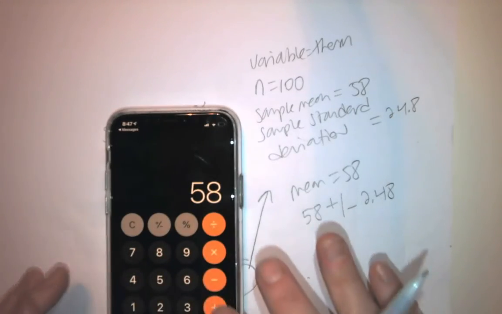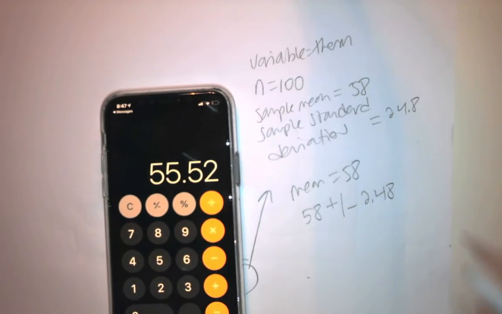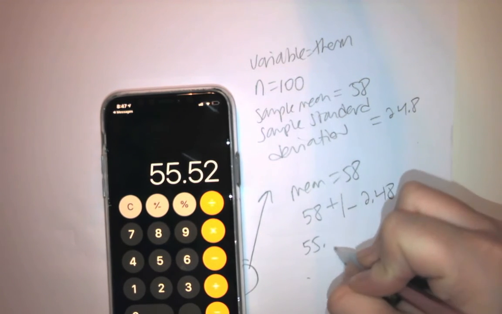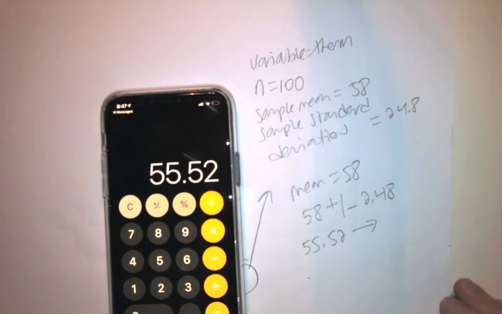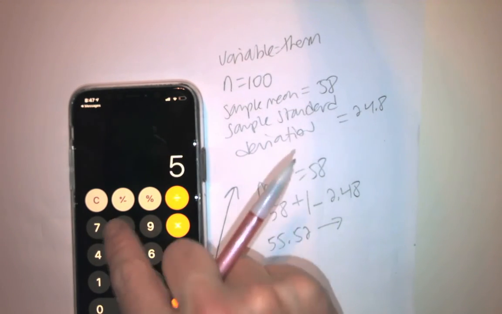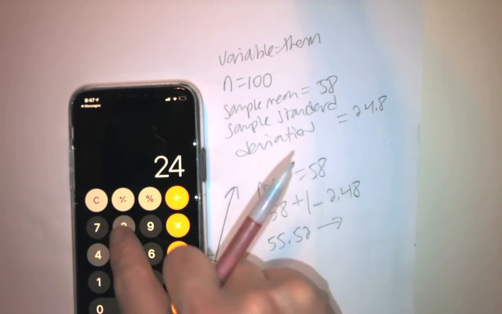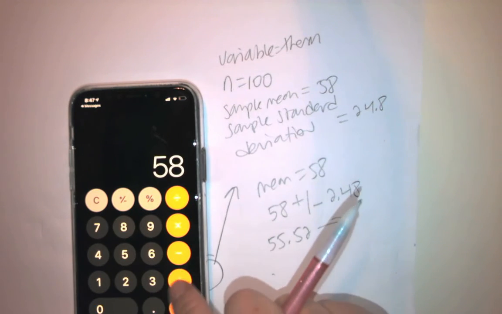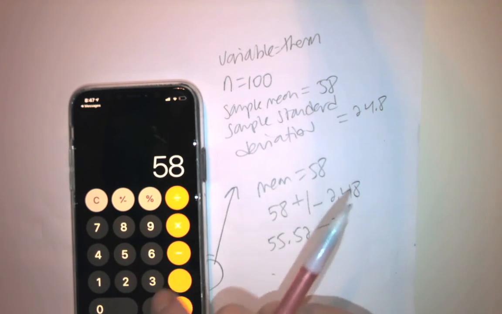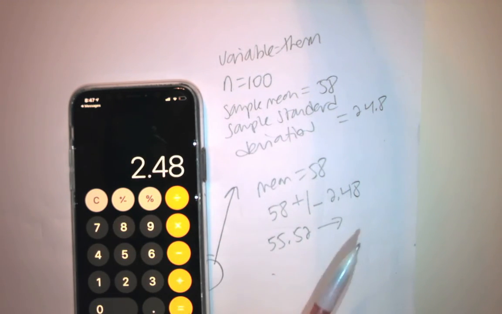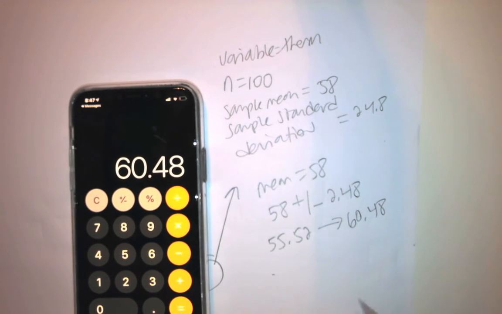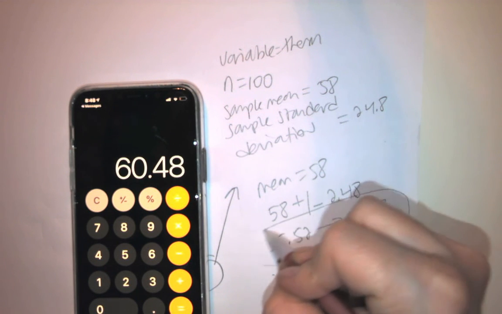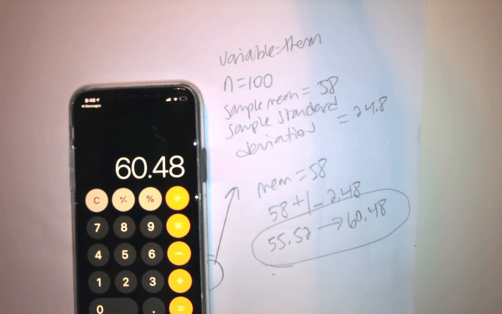So 58 minus 2.48 equals 55.52 to 58 plus 2.48, which is 60.48. I'm going to show you in a moment what to do with this range.